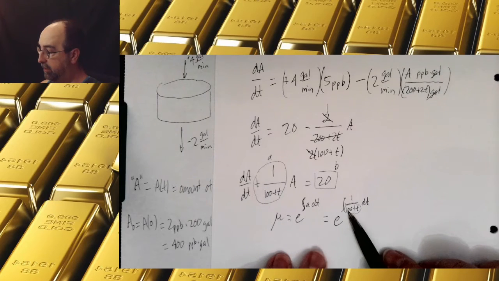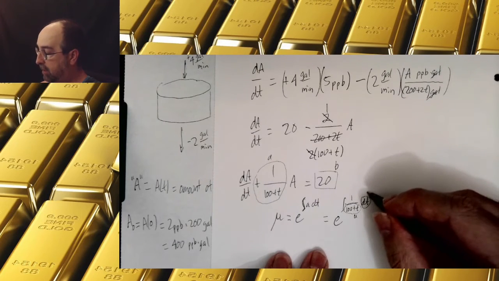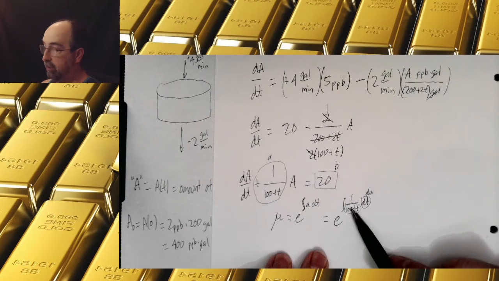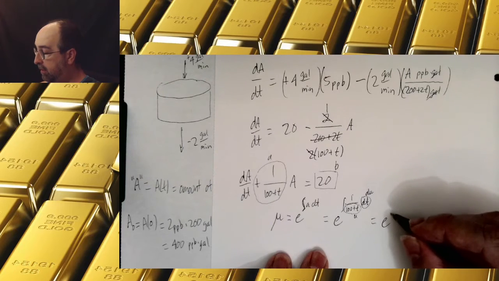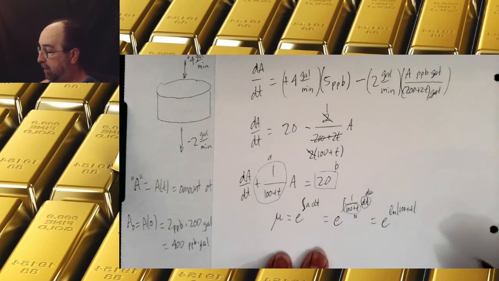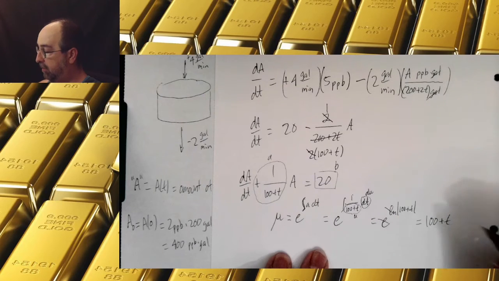But if you'll notice, the derivative of 100 plus t would just be 1, or actually 1 times dt, and we already have that. So if this is the u, then this right here is the du. And the integral of 1 over u du is the ln of the absolute value of u. So what we get is e to the ln of the absolute value of 100 plus t. And the e and the ln cancel. And you get 100 plus t for your value of mu.